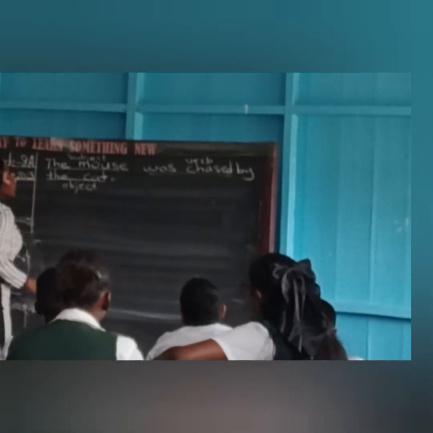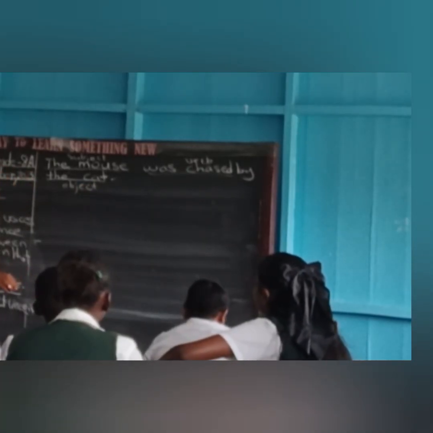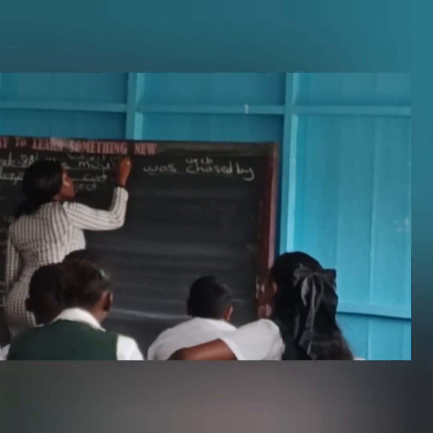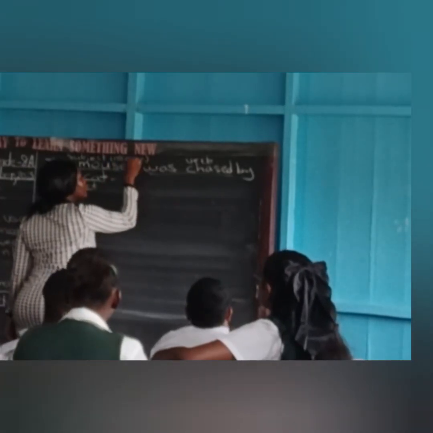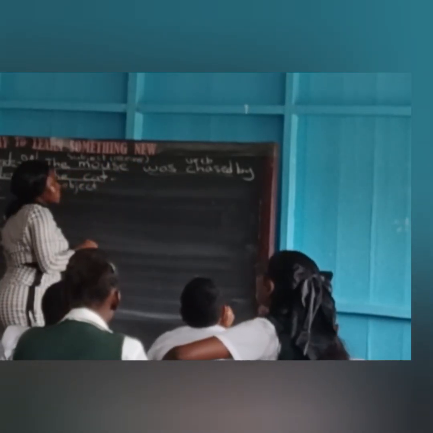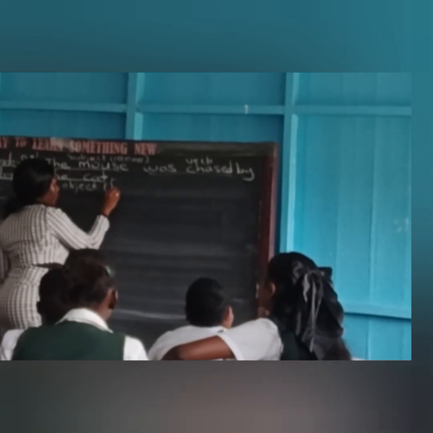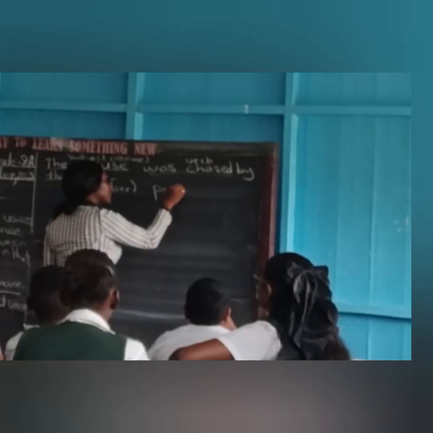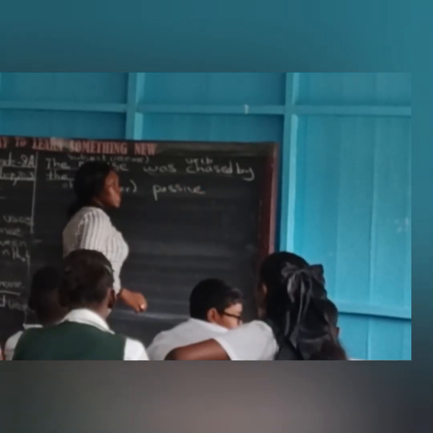So the subject is the receiver? Yes. Alright. So if the subject is not the receiver, would you say this is active or passive? Passive. Good. Passive. And you know why we use this, right?